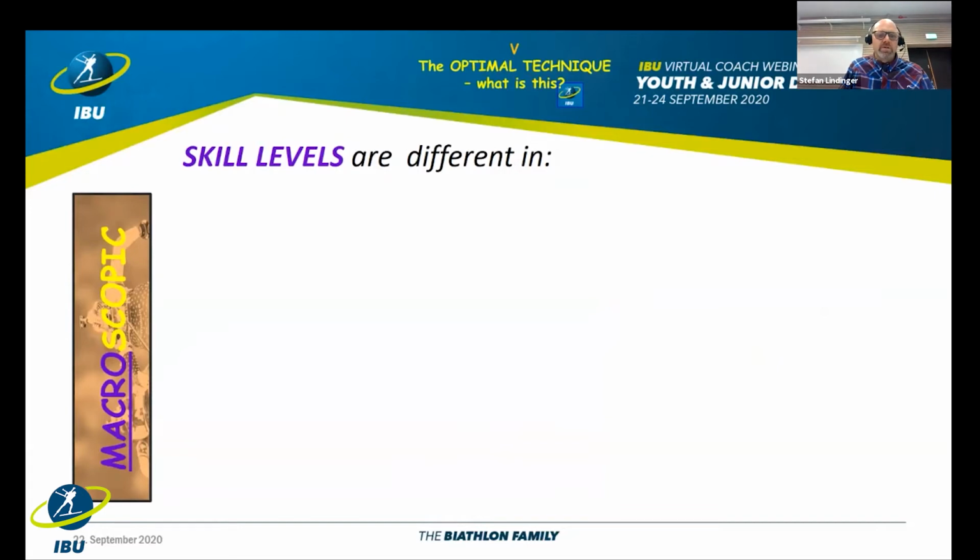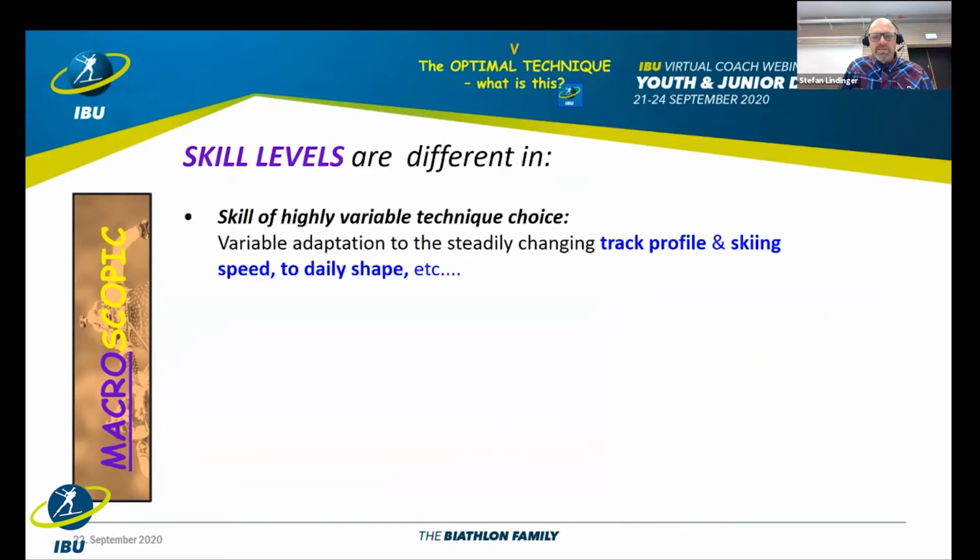So what is macroscopic? It's highly fascinating how much we can do in technique training. So skill levels, if we talk about weaker and stronger skiers, are very different in the skill of highly variable technique choice. Not everybody is able to do it in the same way. So we have a variable adaptation to the steadily changing track profile and skiing speed, to daily shape.